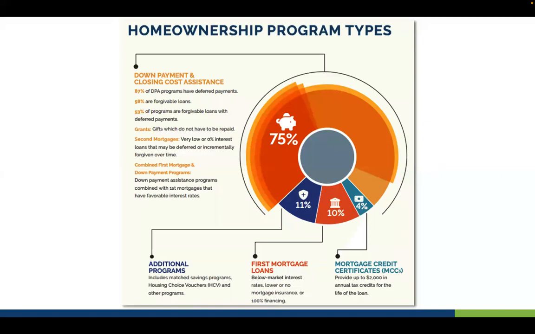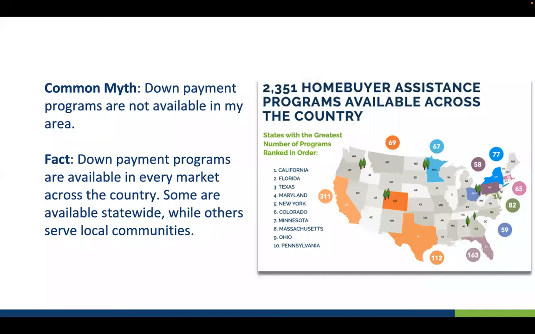Then there are mortgage credit certificates. These are tax credits. And again, we have a whole separate webinar breaking all this down in more detail. But just to let you know, there are many different kinds of help out there for home buyers. And within the category of down payment assistance, there are many different kinds of repayment terms and kinds of programs. These programs are everywhere.